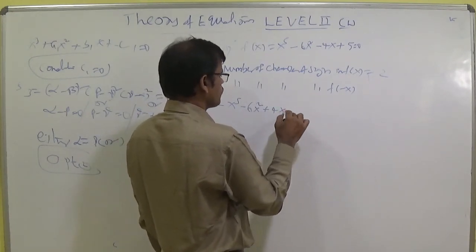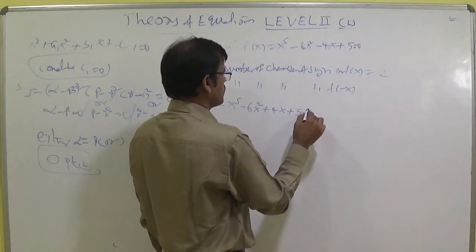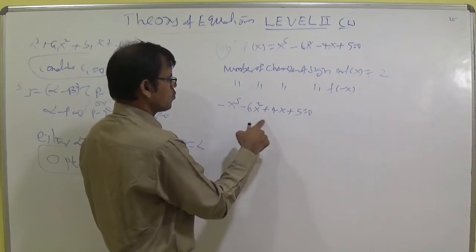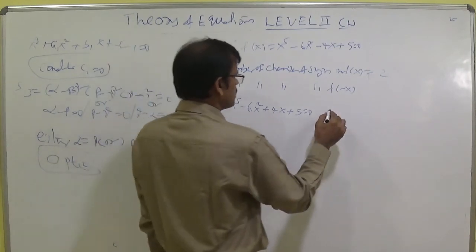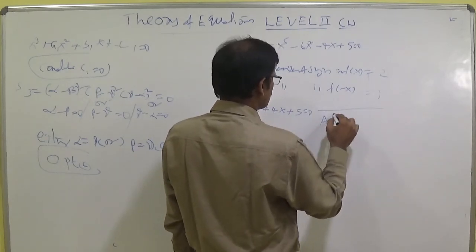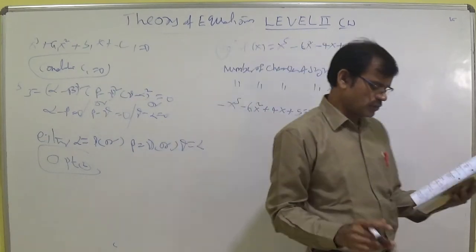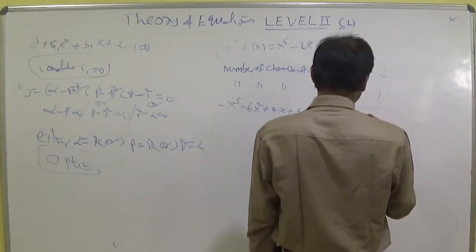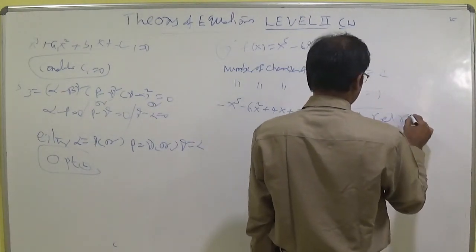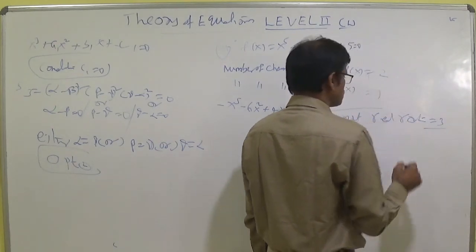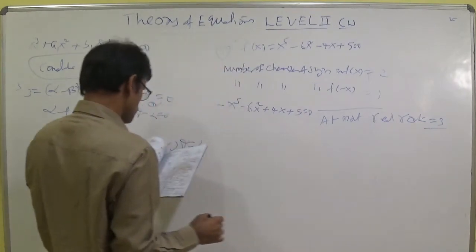This is plus 4x and this is plus 5 equal to 0. Here no change, 1 change, that's all. That is only 1 change. So at most the maximum number of real roots is 3. It is the first option.